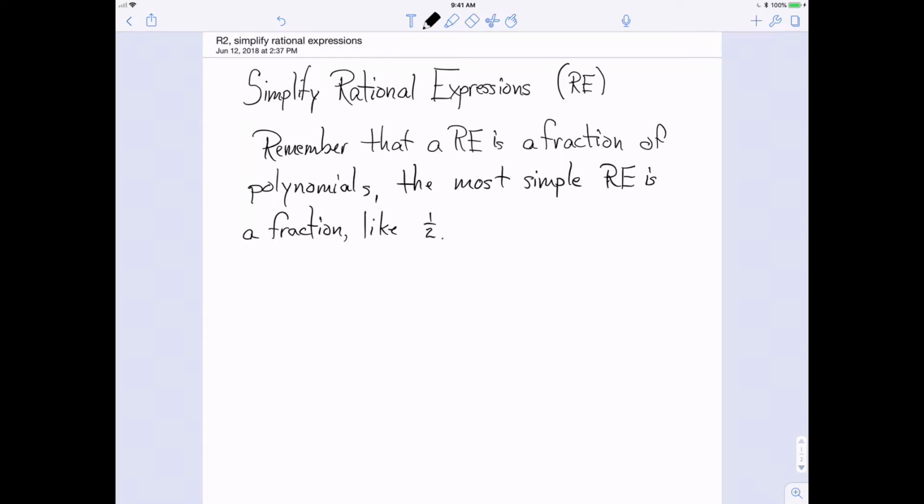So let's try a problem, and it reads something like this. Simplify 10/15.